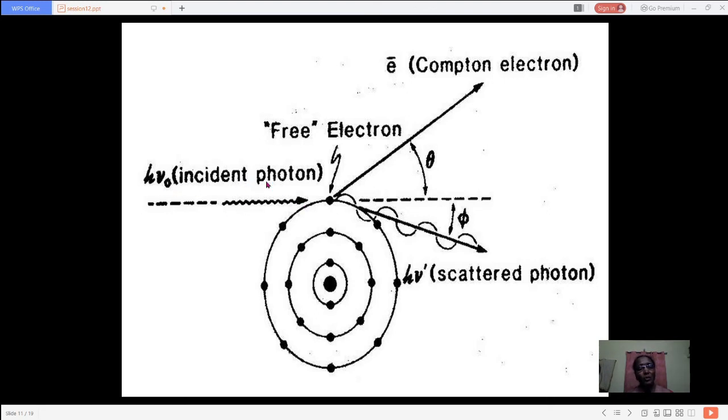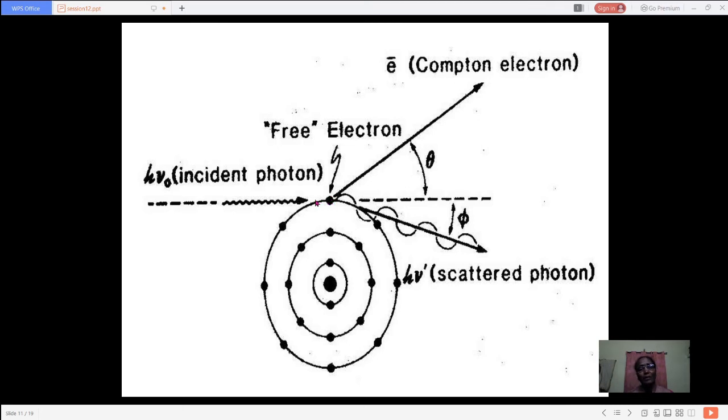It is a photon, meaning it is a particle now with a certain energy h nu naught and wavelength lambda naught, and it is going to collide with a free electron. We can call this a free electron because it is loosely bound to the atom.